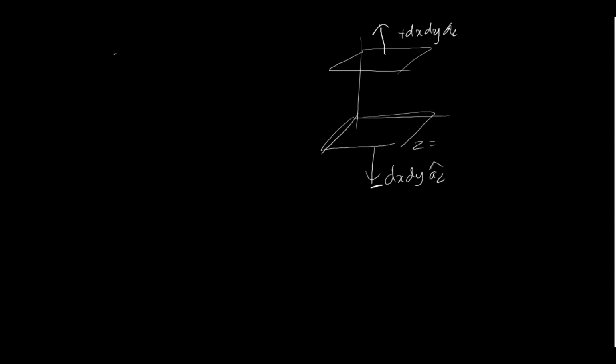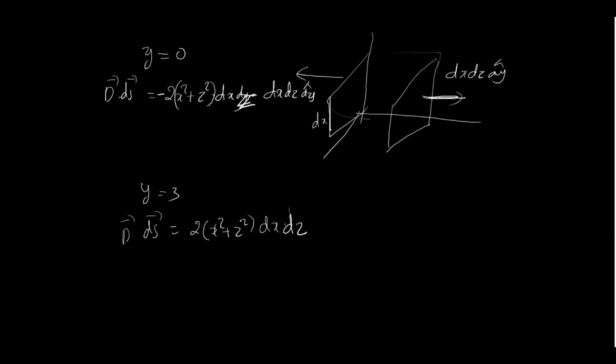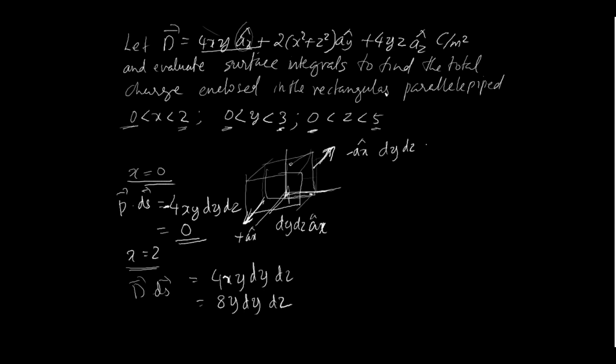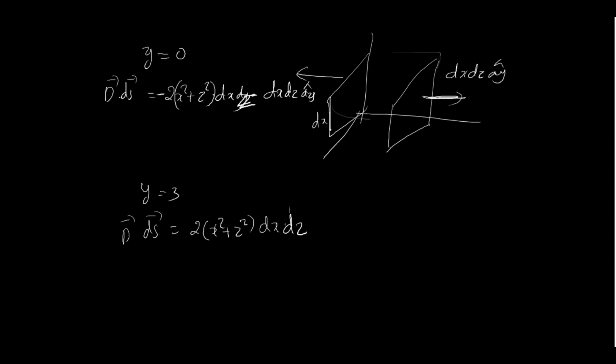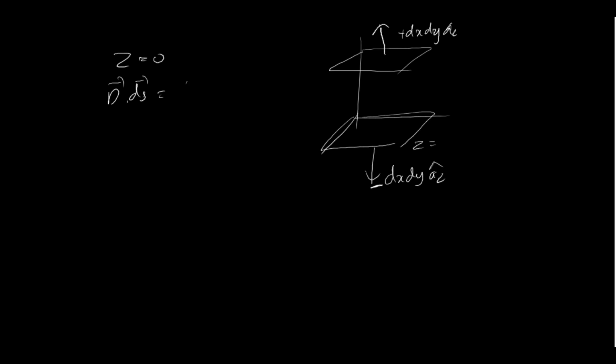Now if you find the dot product D dot dS at z is equal to 0, how much will it be? The ax component, the ay component will cancel, so 4yz az is there, so 4yz dx dy. Substituting z is equal to 0, it will become 0.